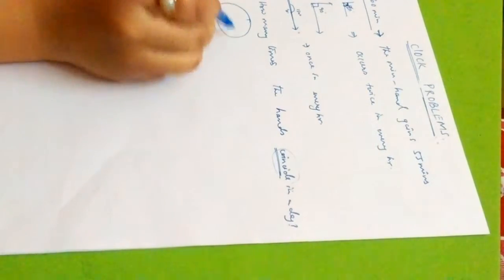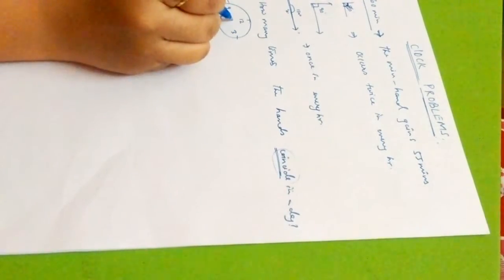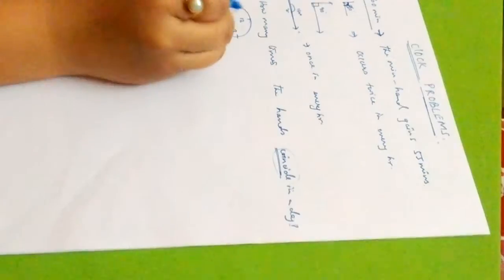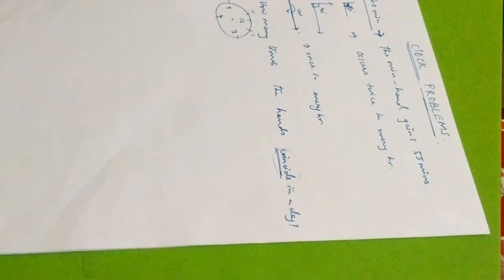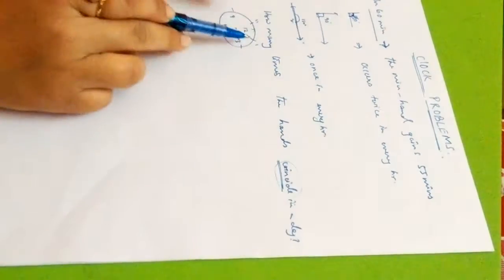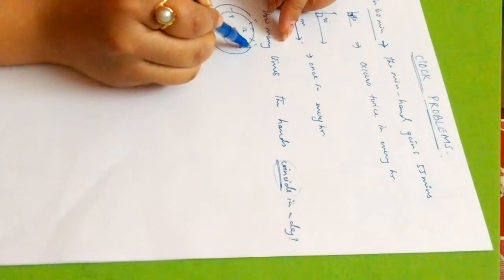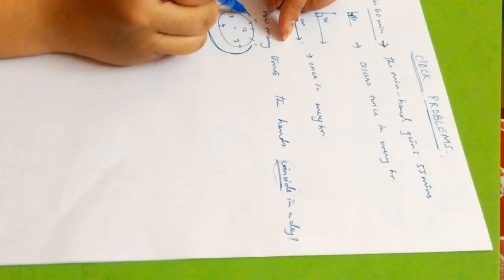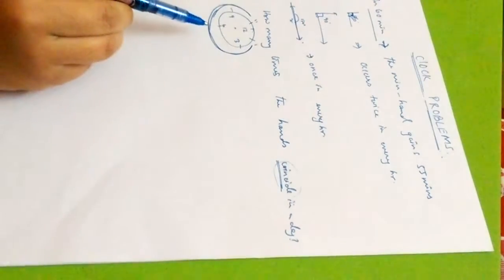So 12, 6, 3 and 9, and here is our 11th hour and 1, right? Now between this 11 to 1, forget this upper portion and let's talk about the outer circle portion.